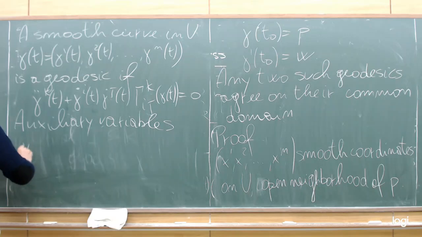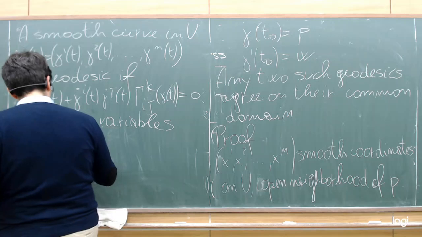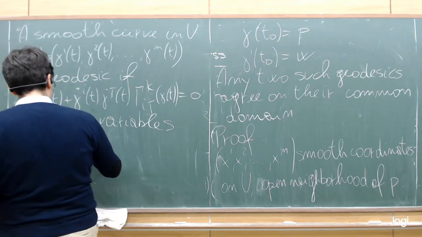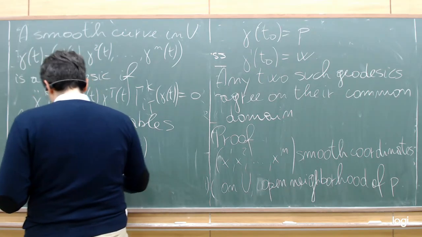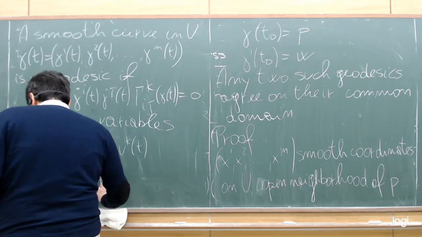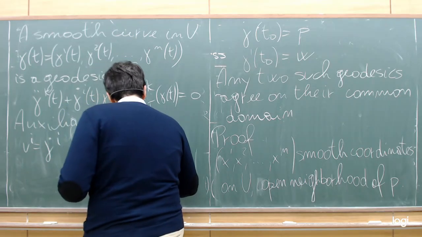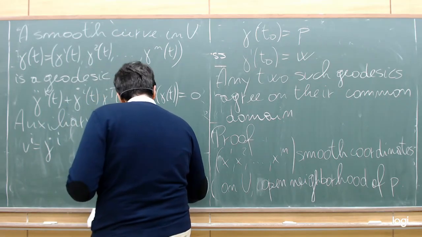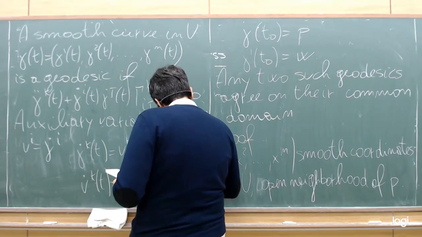So we call V^i equal to gamma dot i, and this means that we get the equations gamma dot k(t) equal V^k(t), V dot k(t) equal minus V^i(t) V^j(t) Gamma^k_ij(gamma(t)).